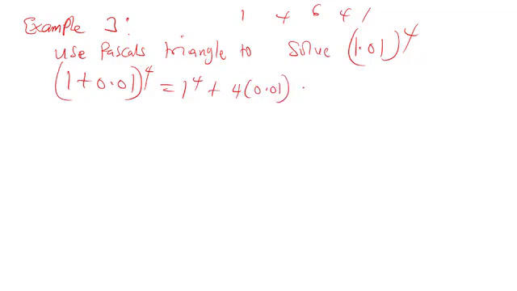The next one is plus 6 times 0.01 all squared, plus 4 times 0.01 raised to power 3, and plus 0.01 raised to power 4.